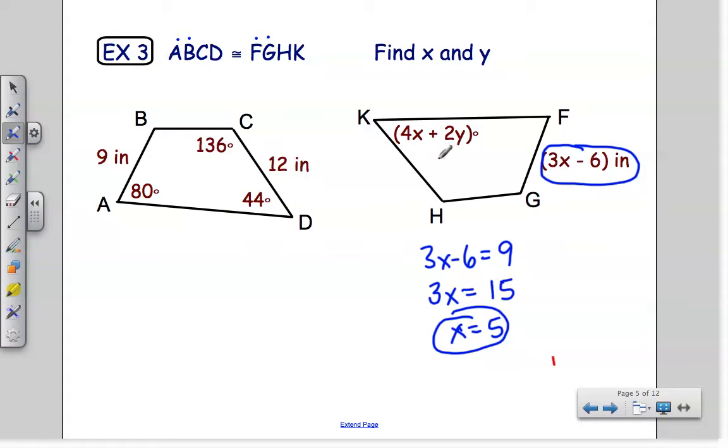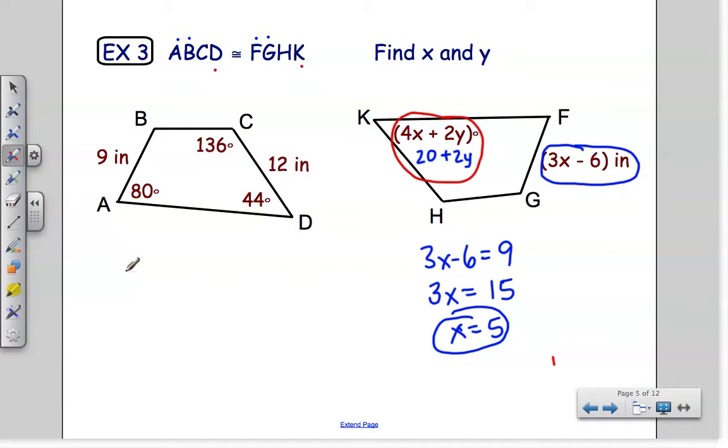Alright. So I've got x. Ooh, and now that x is 5, I can kind of figure out what this is. This would be 4 times 5, right? So this is actually 20 plus 2y. And then I can figure out y. I know that angle K, I have 3 angles given over here, so I gotta be careful which angle is the same as angle K or congruent to angle K. K was the last letter, so angle K is congruent to angle D, which here is 44 degrees.